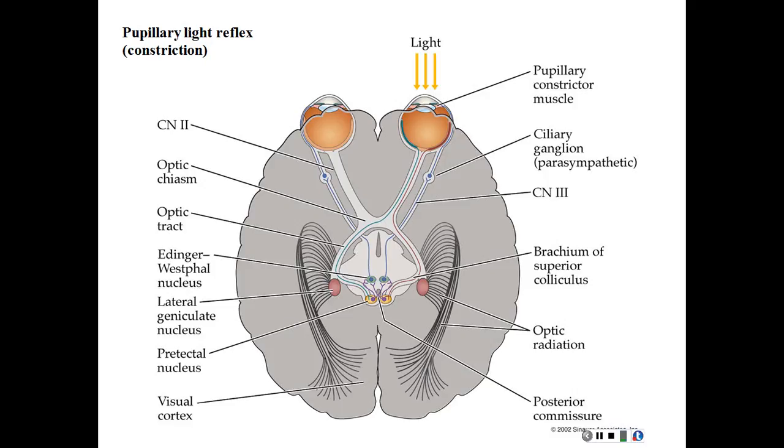That's the sharing of the information. It's these pretectal neurons that project bilaterally and influence the Edinger-Westphal nuclei simultaneously, which then both fire to get this bilateral constriction of the pupil.